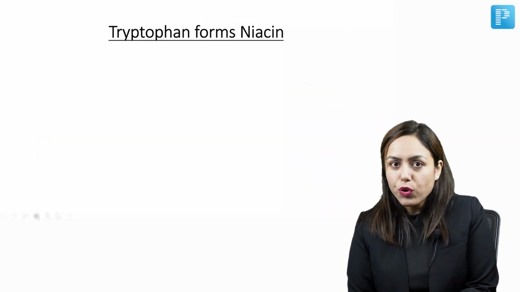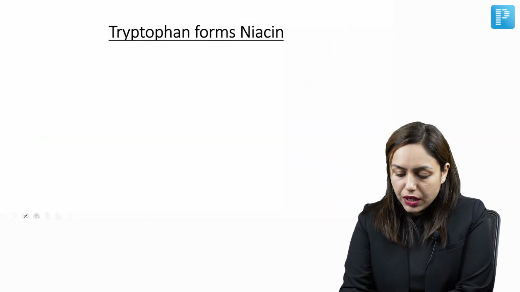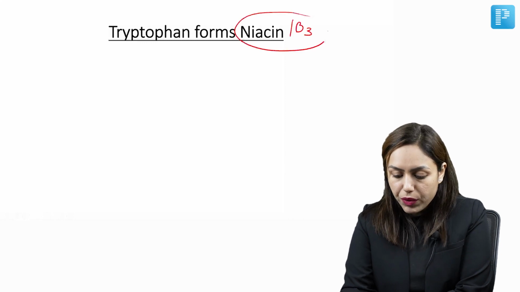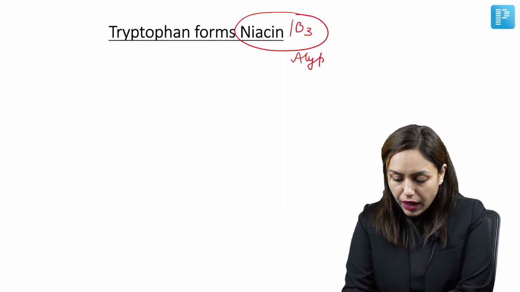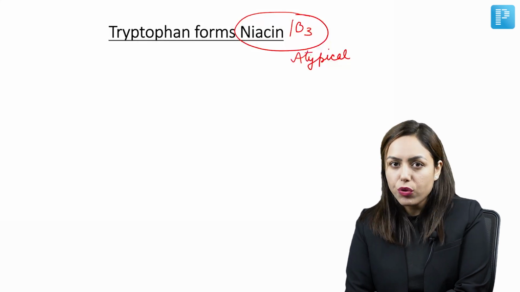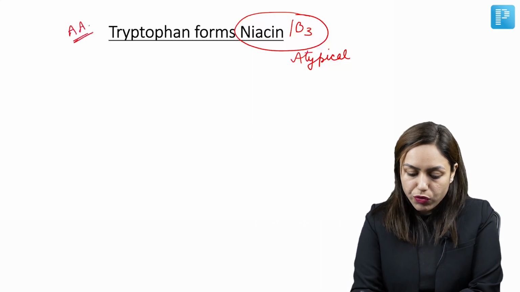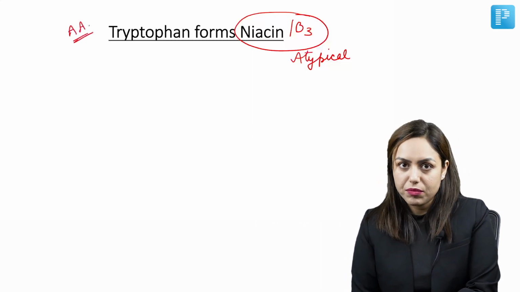Now, tryptophan forms niacin. Niacin is vitamin B3, because it can be formed in the body. That's why it is called an atypical vitamin. Otherwise, vitamins cannot be formed in the body. So this amino acid tryptophan is making niacin.